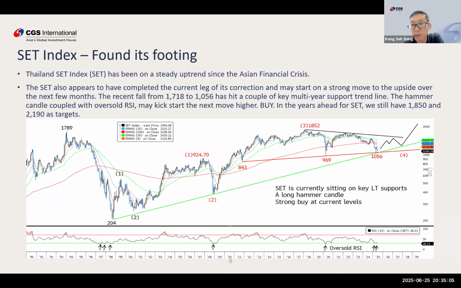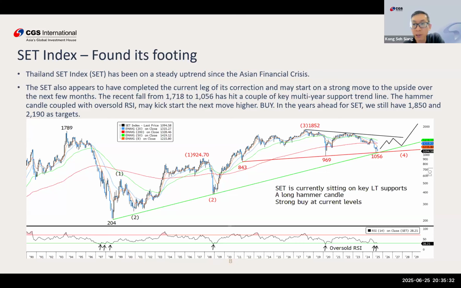If you take a look at that green line, from the 1998 lows to the 2008 lows, if you just draw the line across, you find that prices stopped exactly where the line was. If you draw a trend line, the red line from the 2011 lows to the 2020 lows, there is a double support right now close to its current levels. So it is at a very, very key support level. We expect prices to turn.